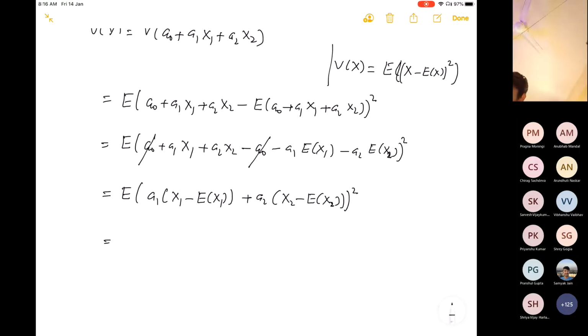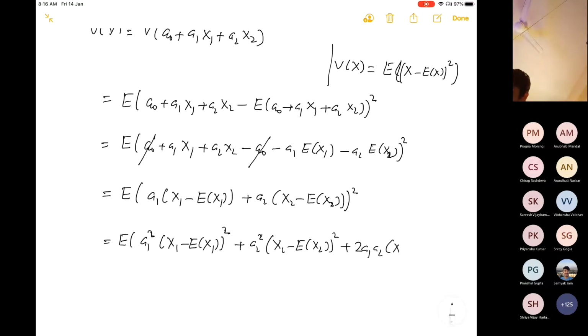So this will be the expectation of a1 square times x1 minus expected value of x1 whole square, plus a2 square times x2 minus expected value of x2 whole square, plus 2 times a1 a2 times x1 minus expected value of x1 into x2 minus expected value of x2.